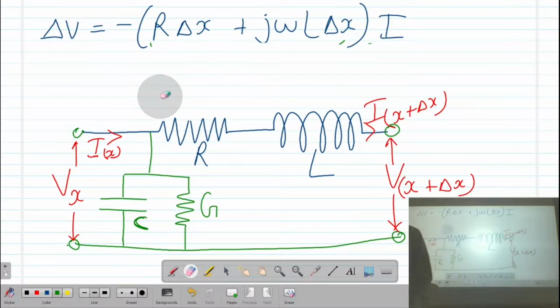Now let us take the limit and have delta x common over there.